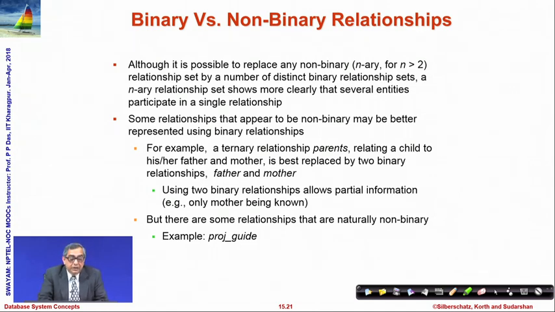Now, if we represent this as a ternary relationship, then one difficulty is that a person must have both the father and mother to be represented there. For example, if we come to a situation where only the mother is known and the father is not known, I will not be able to represent that, because it will always have to come as a triplet of three persons: the person under consideration, her father and her mother.